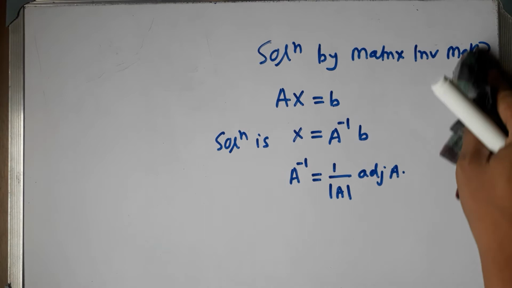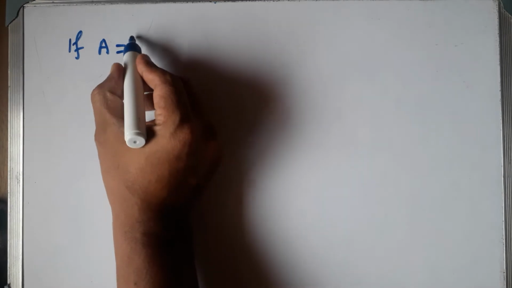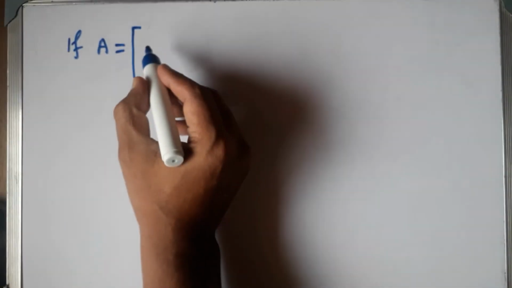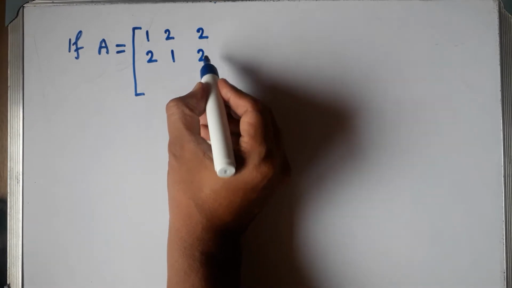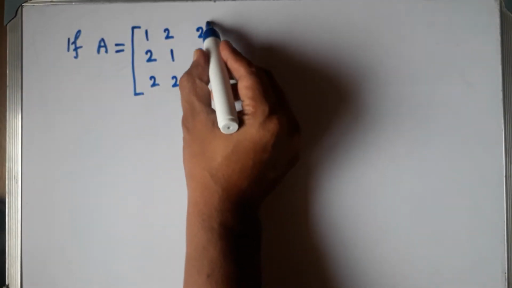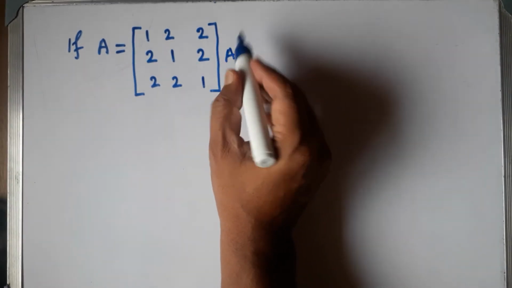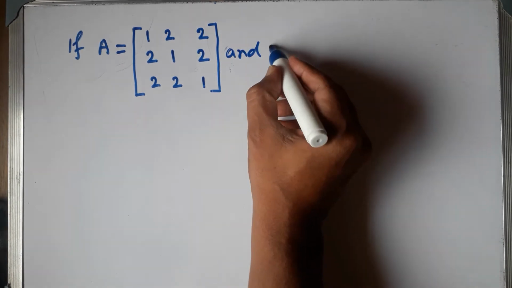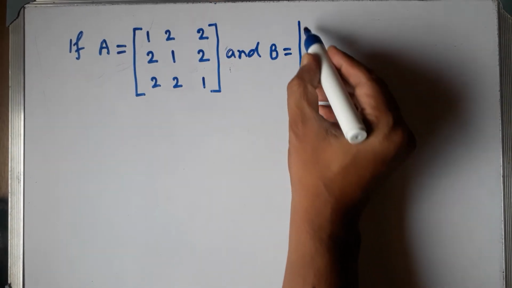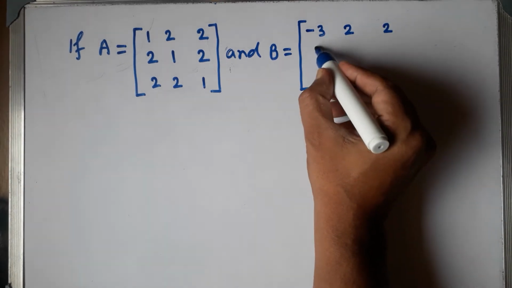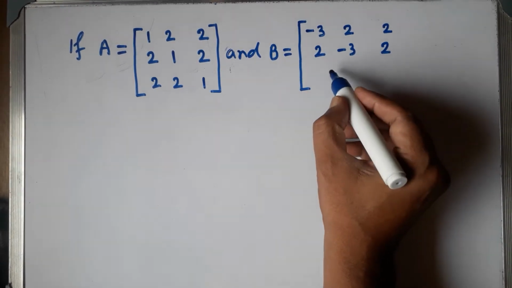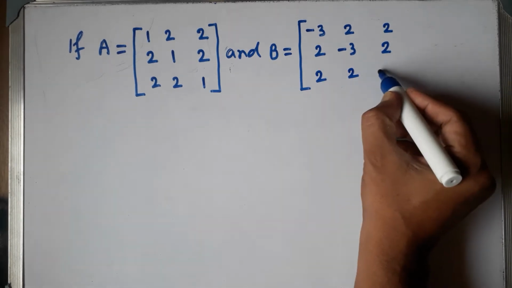The question is this: suppose capital A is the matrix 1 2 2, 2 1 2, 2 2 1, and capital B is the matrix -3 2 2, 2 -3 2, 2 2 -3.